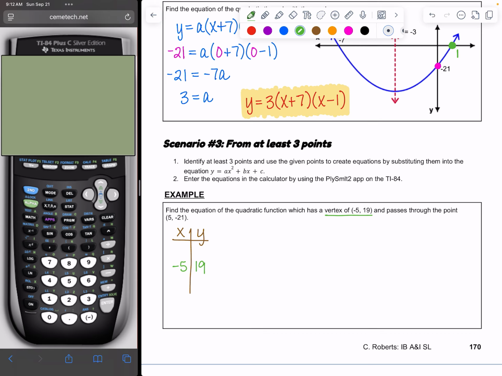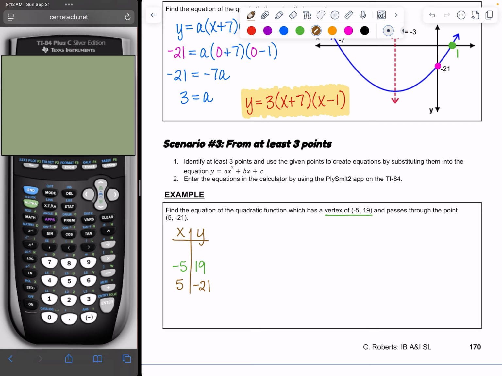And then I'm going to put the other point that they gave in, and I'm going to put the positive 5 here. And the reason why I'm writing it like this is because normally our x values are written in order, from least to greatest.